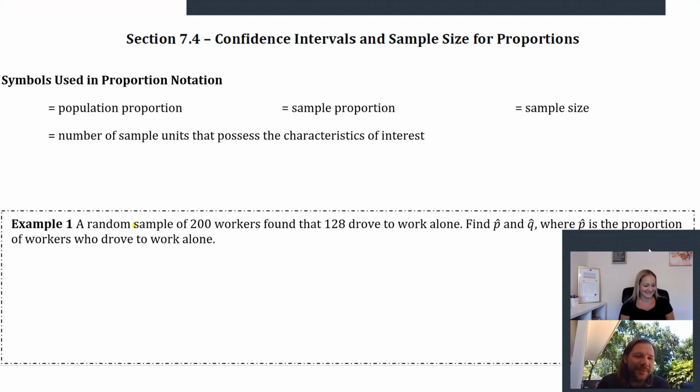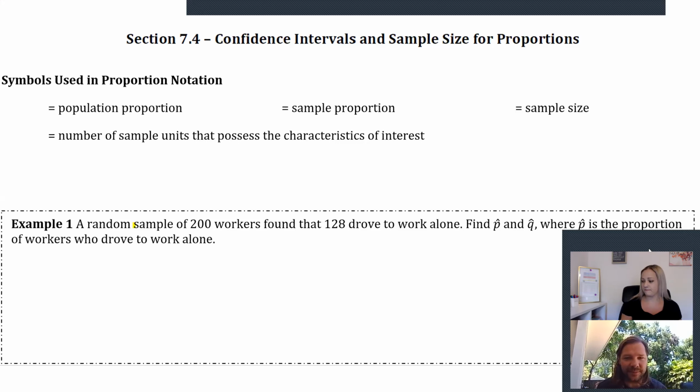Okay, so welcome everybody. In section 5.7.4, we're going to talk about confidence intervals and sample sizes for proportions. In this section, we're going to try and estimate the proportion of the entire population that has a given characteristic. We start by looking at the portion of the sample population that has that characteristic.